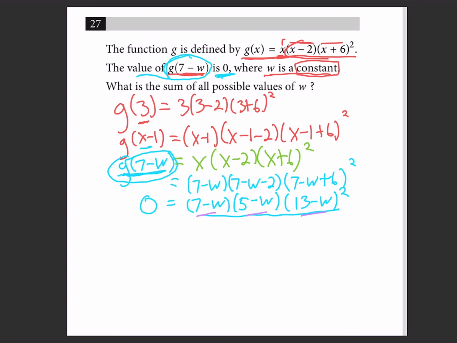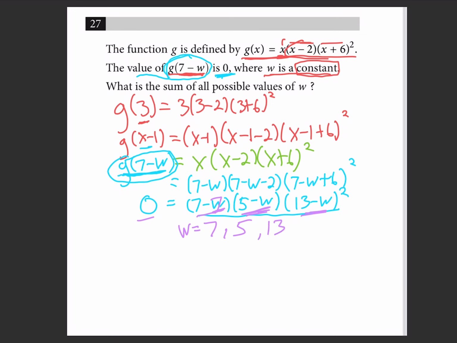So for example, if w is a 7, I would put in a 7 for this w. You would get 7 minus 7, which would wipe out to 0, and the whole thing would be gone. So I can get 0 here if w is 7. Looking at this parentheses, if w is 5, that's going to have the same effect. And then this one, if w is 13, that would also wipe this out to 0.